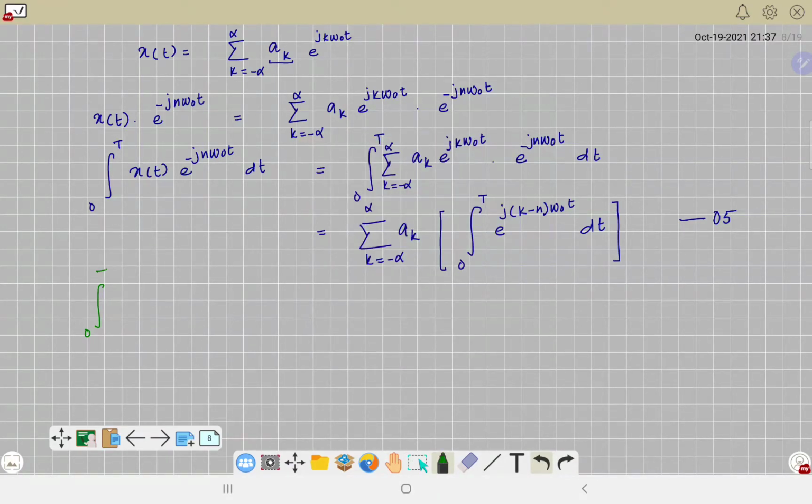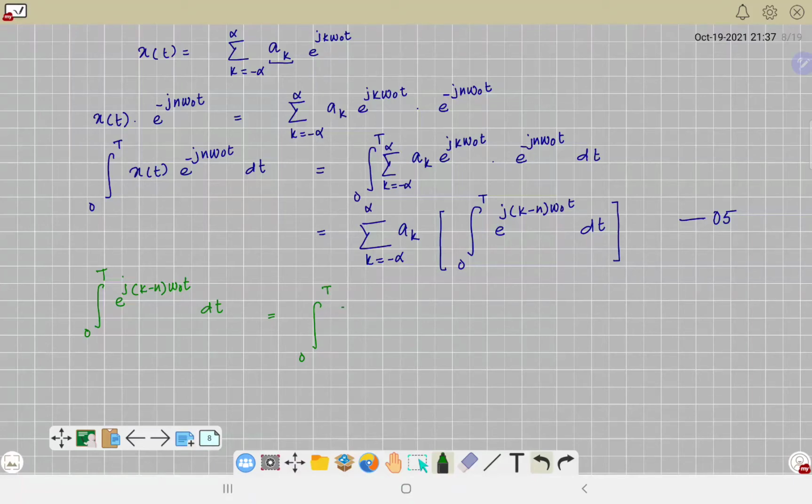So we are interested in this integral from 0 to T of e raised to the power j (k minus n) omega naught t dt, right? Complex exponential, again we can use Euler's relation.